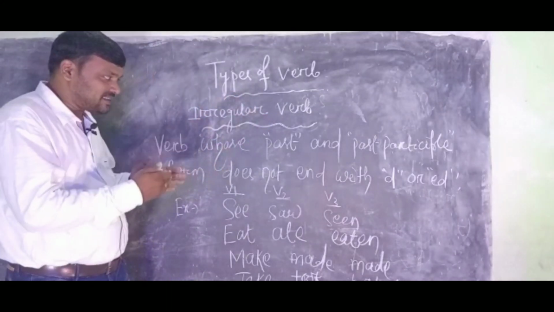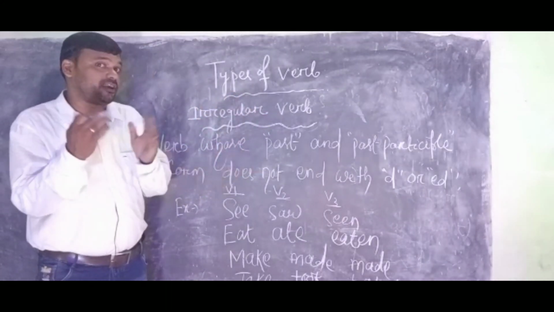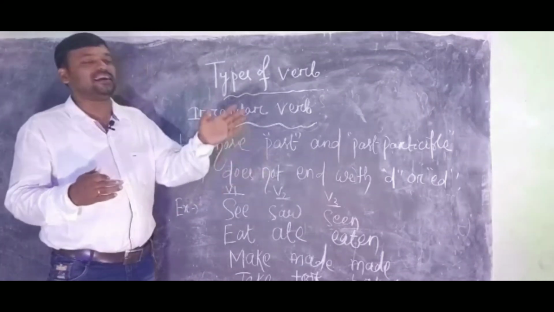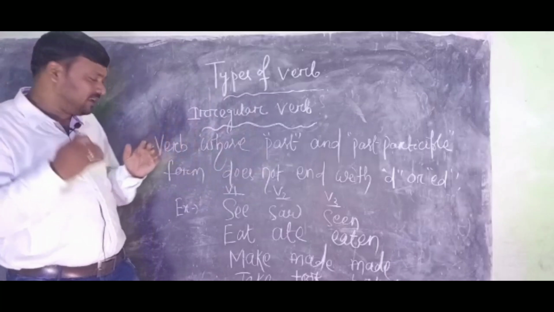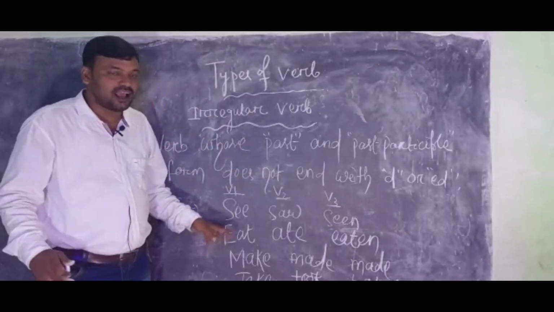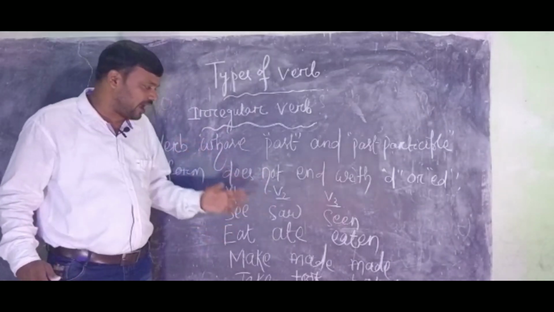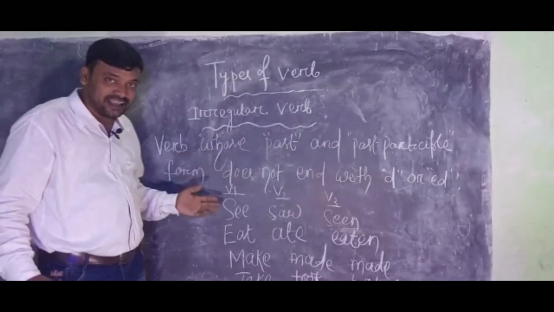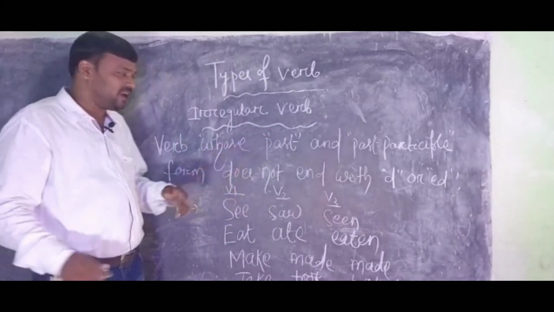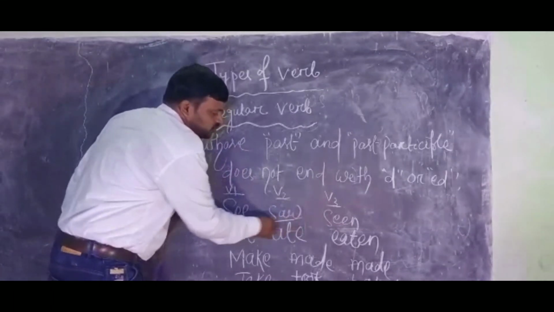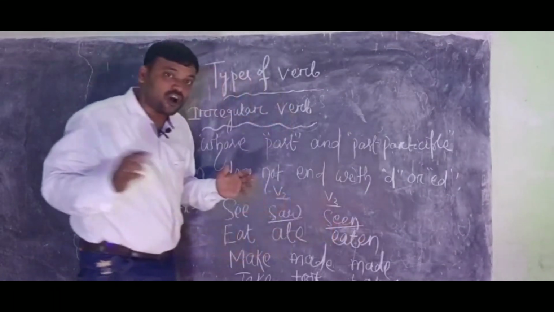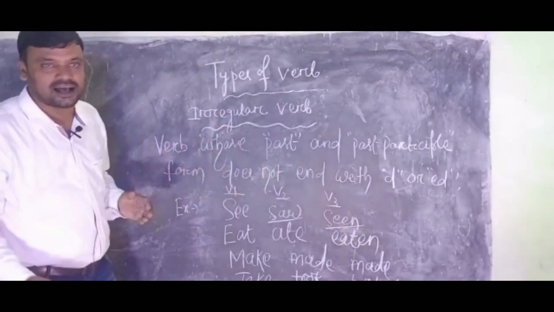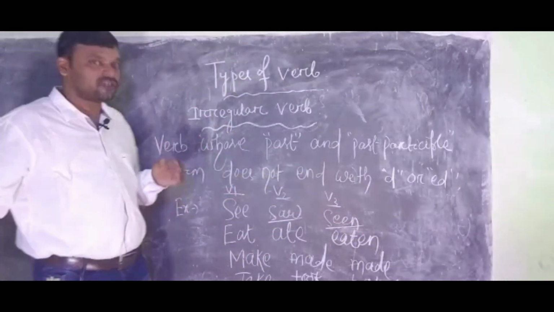Basically their past and past participle are different, and they do not end with d or ed. So here the examples are eat, and V2 form is ate, and V3 is your eaten, and see, saw, seen. Here the V2 and V3 forms do not end with d or ed. So these verbs are included in the irregular group.